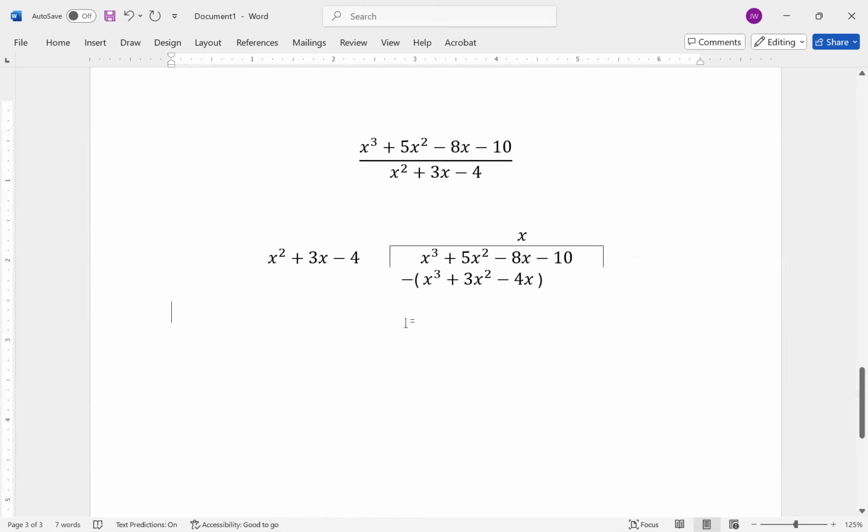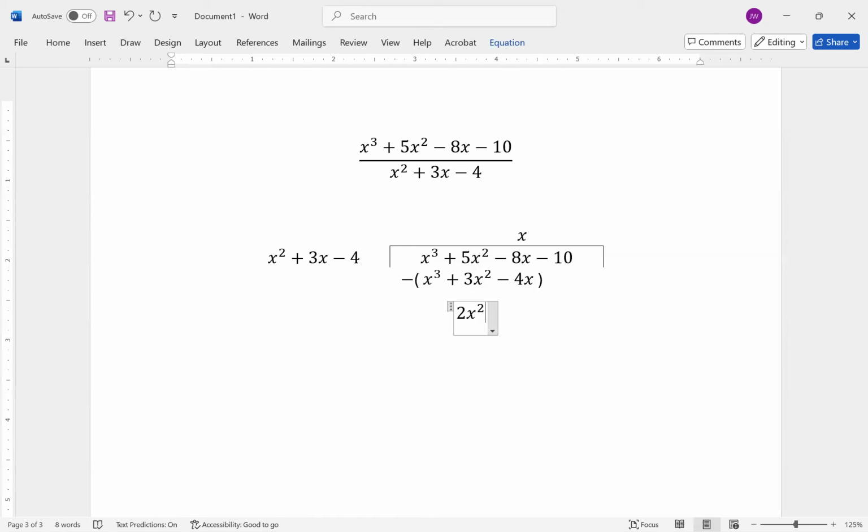Once I've subtracted this entire polynomial, x to the third minus x to the third cancel each other out. That's why I chose x here. With 5x squared, we have a minus 3x squared, so I get a positive 2x squared when I subtract those.